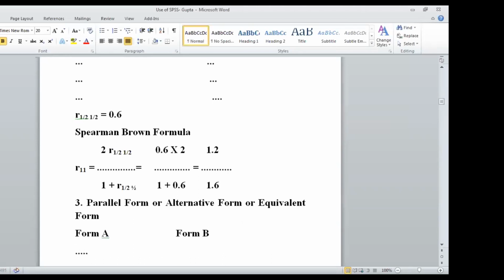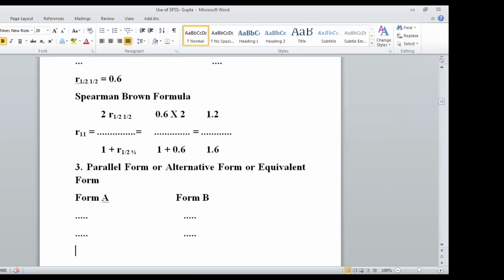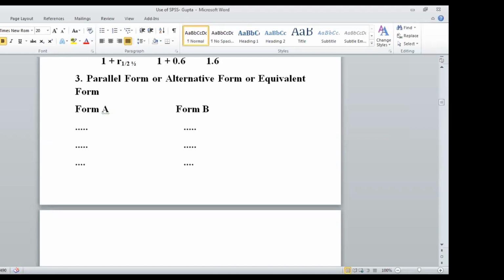You can find out the scores of each person on the form A and also on the form B. And if you have the 600, then you will have the 600 scores for form A and 600 scores for form B. And now you can find out the correlation.